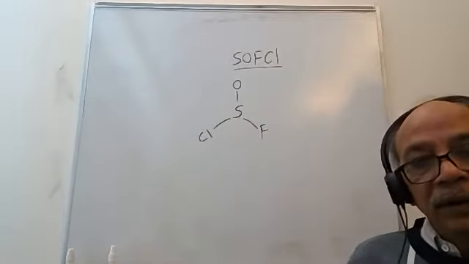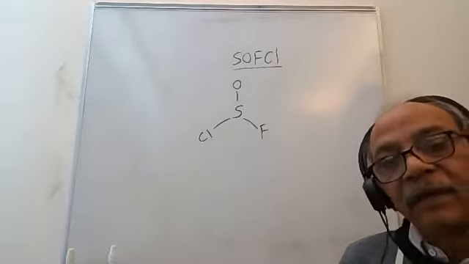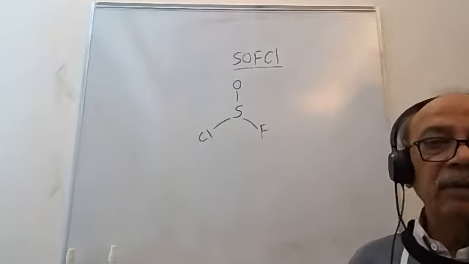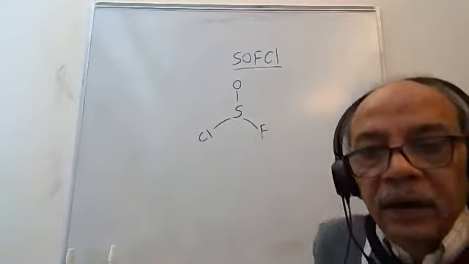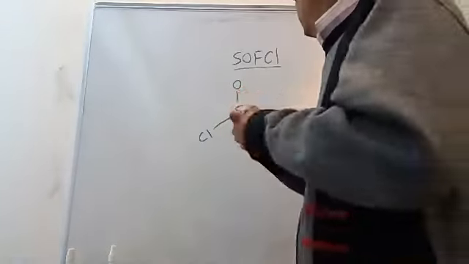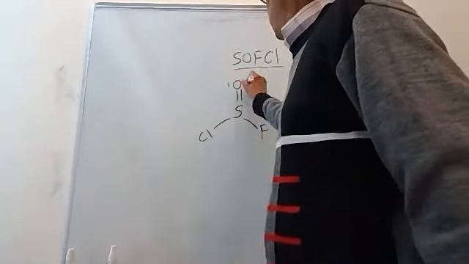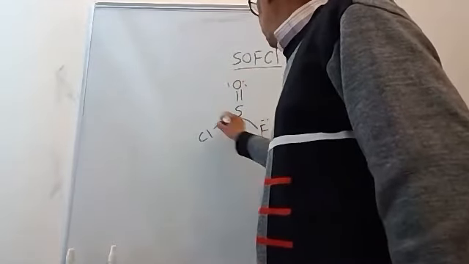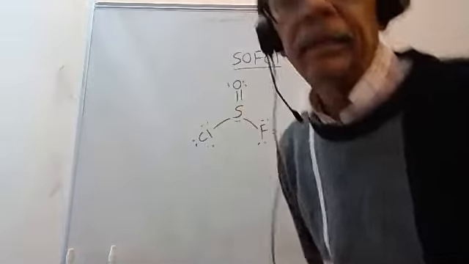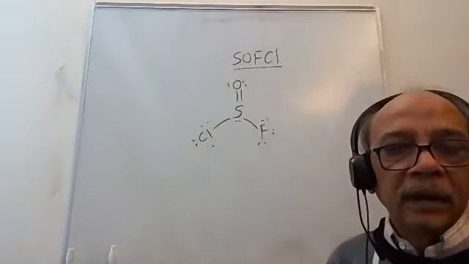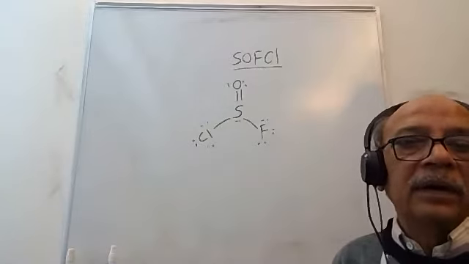But then we also know by rules that the structure that has the least distribution of formal charges is the most stable structure. So in this one, it has to be S double bond O. The extra 2 electrons on the sulfur make a big difference.